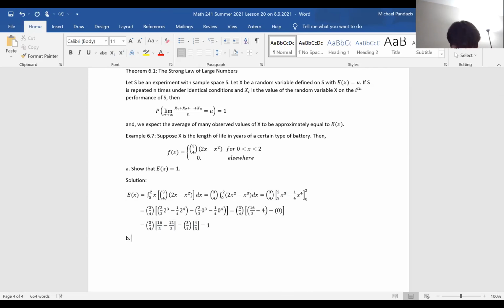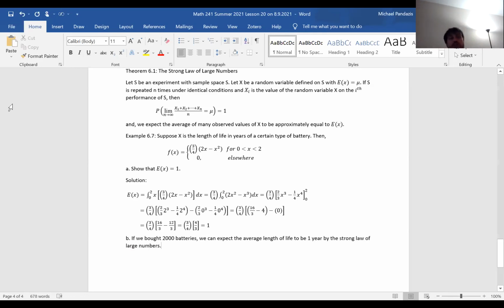B. If we bought 2,000 batteries, we can expect the average length of life to be 1 year by the strong law of large numbers.